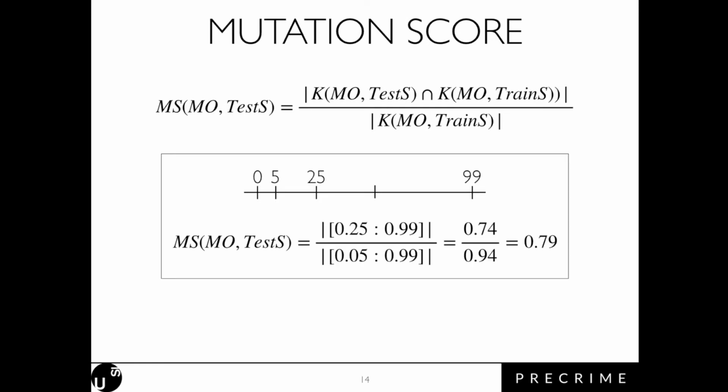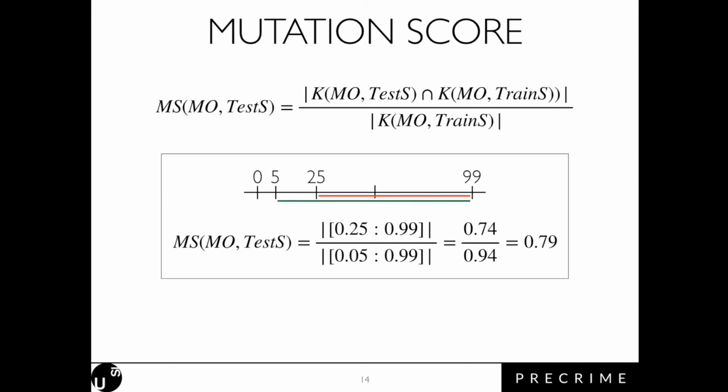Based on the example of the remove portion of training data operator, say our test set can kill the mutants with the percentage of deleted data from 25 to 99, and our training set, which should be more sensitive because the model was trained on it, can actually detect up to 5% of deletion of the training data.